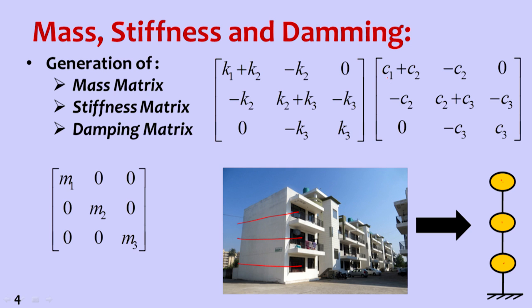The damping matrix, similar to the stiffness matrix, is C1 plus C2, minus C2, 0; minus C2, C2 plus C3, minus C3; and then 0, minus C3 and C3. So this is the mass matrix, stiffness matrix and damping matrix. I already discussed in the previous class that all these matrices are positive definite, because of which the roots we get are real roots.